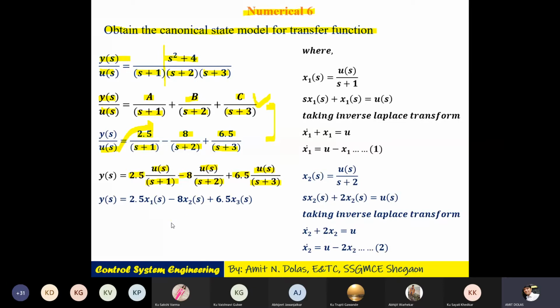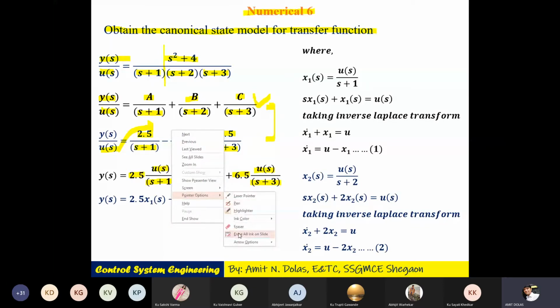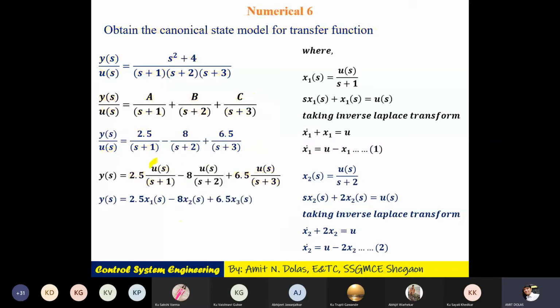Now here, in this, U of s upon s plus 1, U of s upon s plus 2 and U of s upon s plus 3 are considered as the states, that is x1, x2 and x3. Those are replaced.